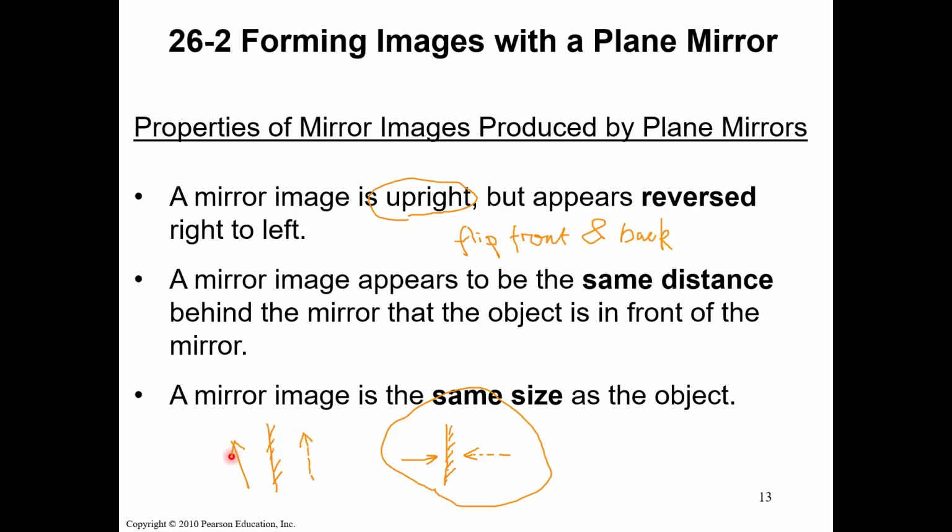The first direction is parallel to the mirror, and then the object is not changed. The second direction is perpendicular to the mirror, and then the object is flipped. So the mirror keeps the planar direction but flips the perpendicular direction. Those two properties are also derived from the fact that the mirror forms an image at the same distance and same size, right?